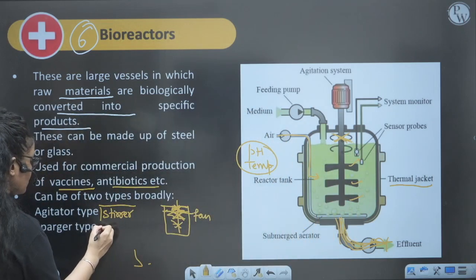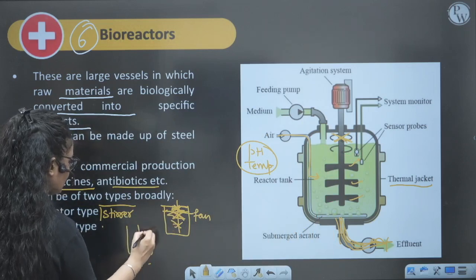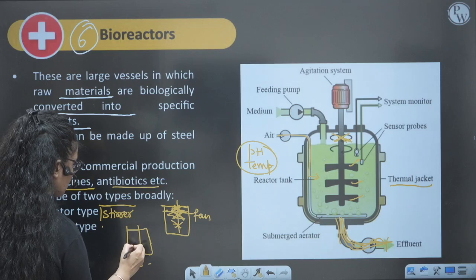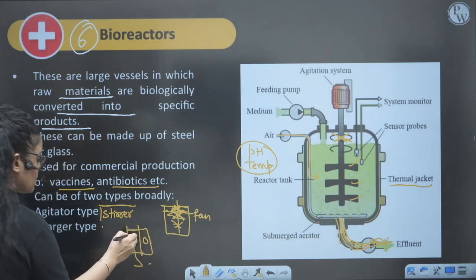And sparge type means it doesn't have the fan system. Rather, we put the oxygen in bubble form. Why in bubble form?